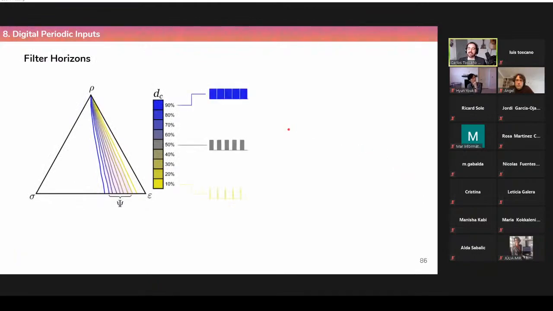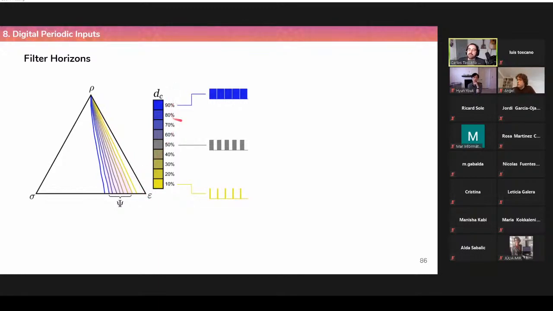For instance, these are 3 examples of input signals. The first one with a duty cycle of 90%, the second one with a duty cycle of 50%, and the last one with a duty cycle of 10%. Now, if you want to filter signals with a duty cycle of 10%, you need to move closer to this side of the triangle, the side closer to the right.